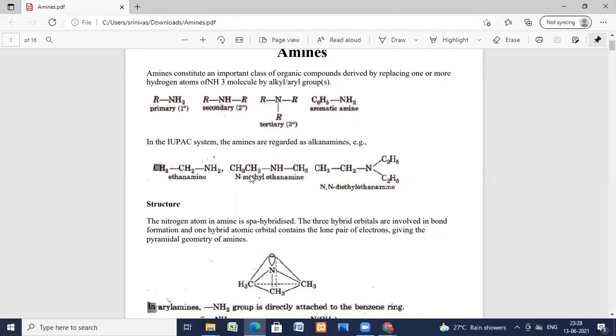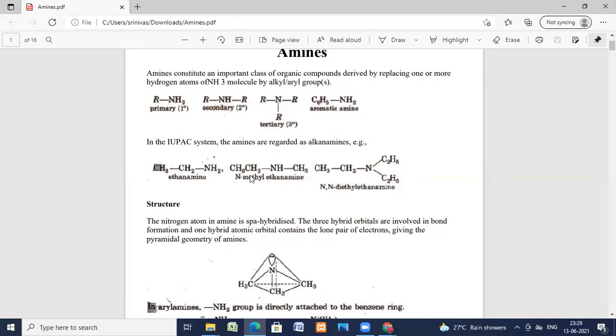Now we'll see the classification, which I've told you as primary, secondary and tertiary amines. If one hydrogen atom in ammonia is replaced by one alkyl group, it is a primary amine. If two hydrogens are replaced by two alkyl groups, the secondary amine is formed. If three hydrogens are replaced by three alkyl groups, the tertiary amine is formed.